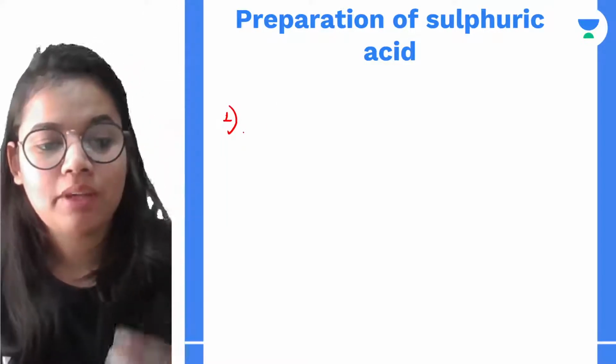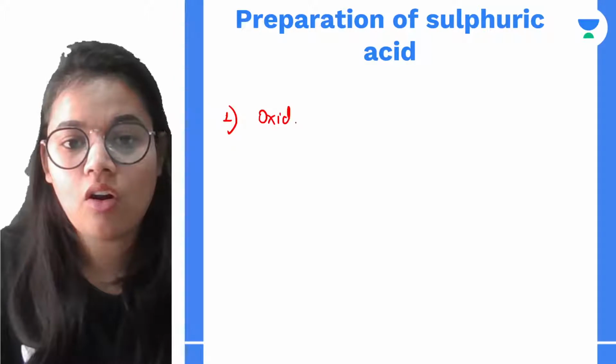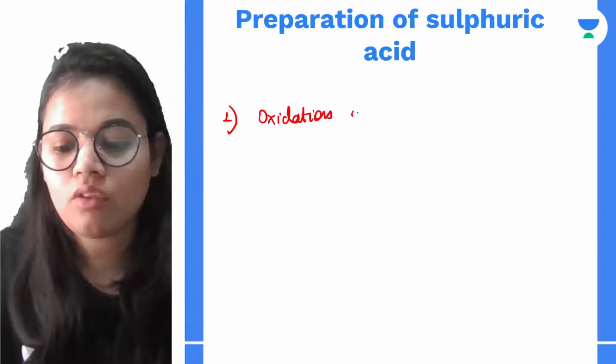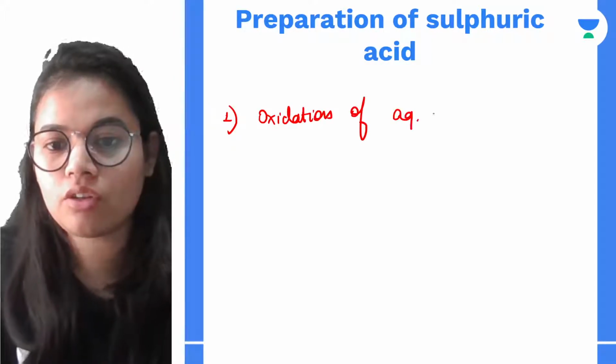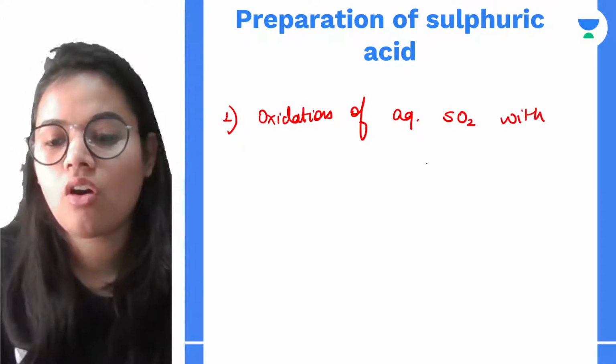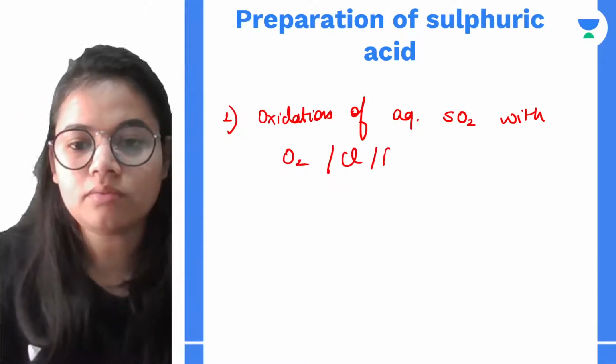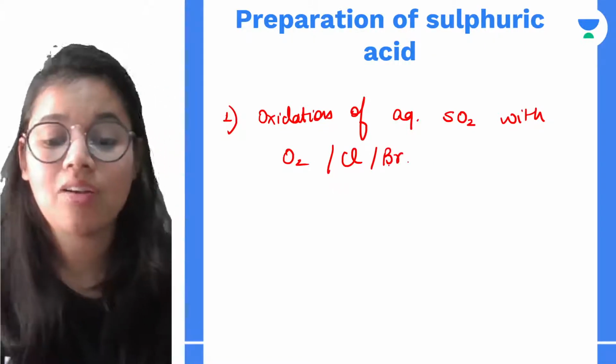So the first method of preparation of sulfuric acid is by oxidation of an aqueous solution of sulfur dioxide with oxygen, chlorine or bromine. Now, how is it happening?